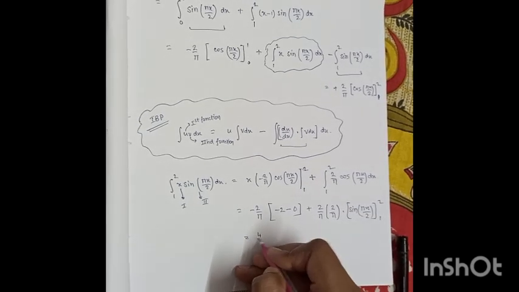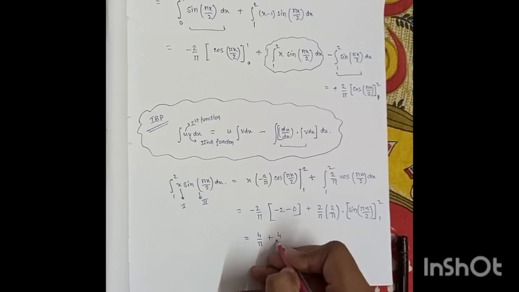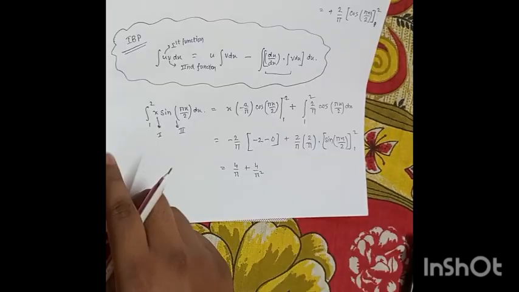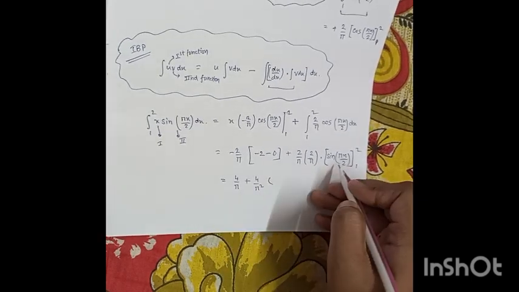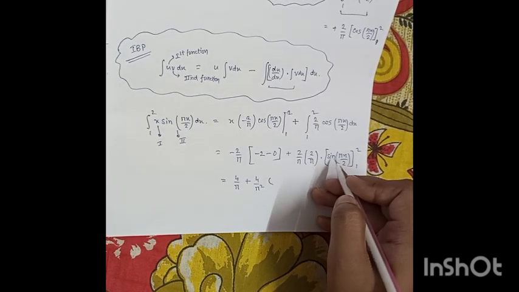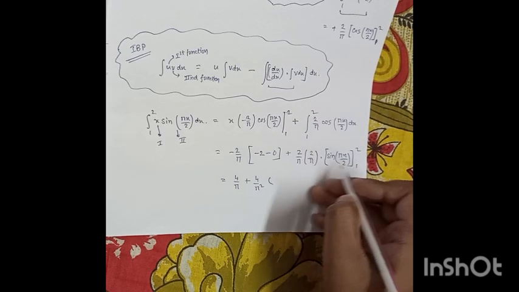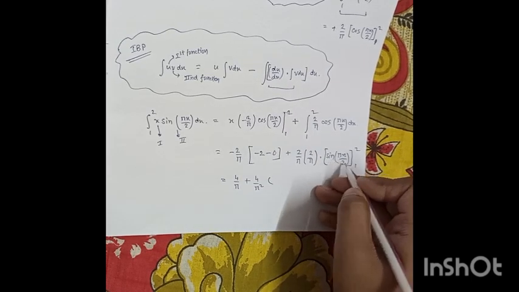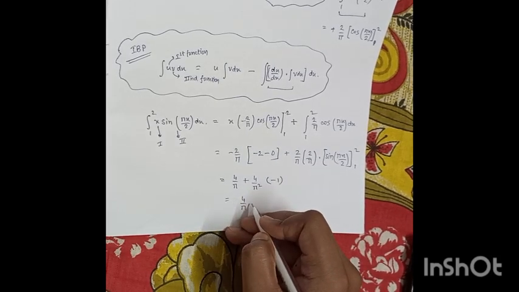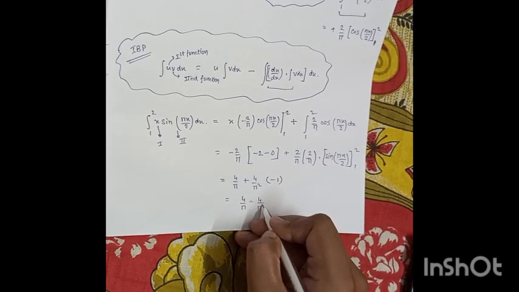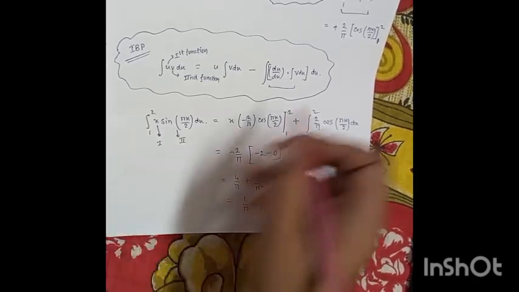Now this will give us 4 over pi square into, inside the bracket, sine of pi. If we put x equal to 2, then sine of pi means 0 minus sine of pi by 2, that is minus 1. So it will give us 4 over pi minus 4 over pi square. So this is this integral.